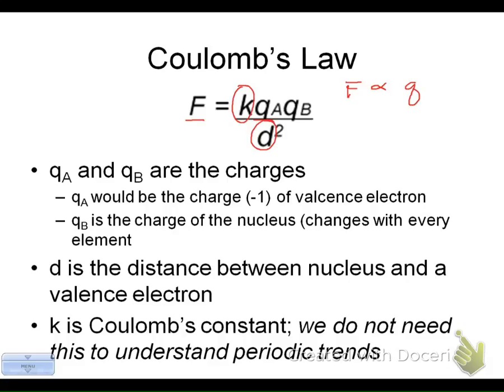Then we have the one that really makes a significant difference, D. D is the distance between the nucleus and that valence electron, or between any two point charges. Now this proportionality is somewhat more complex. It is not a direct proportion. It's not even an inverse proportion. It is an inverse squared proportion. That means that if D goes up, the force is going to decrease, and decrease quickly.